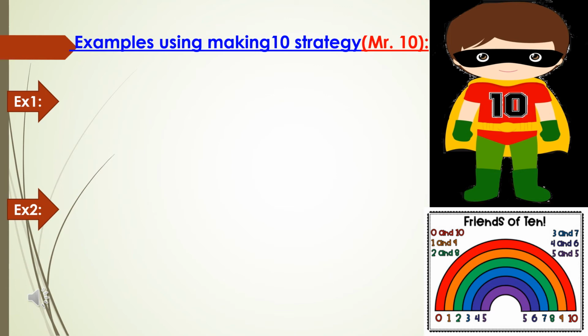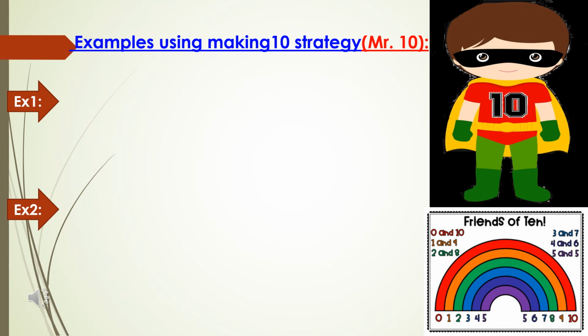Another example. We have 9 plus 3. This 9, strong or weak? Weak. It wants to be strong like Mr. 10. She is very weak. So 9 needs what to be superhero like Mr. 10? 9 needs 1 because 9 plus 1 equal 10. So 9 will go to 3 and tell 3, please, please, 3, give me 1.